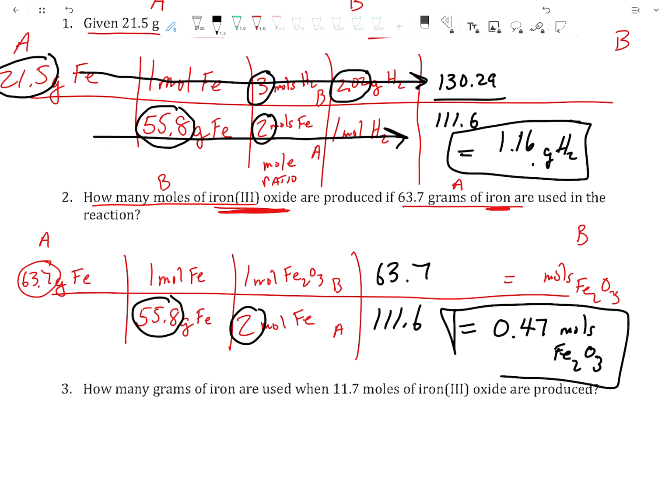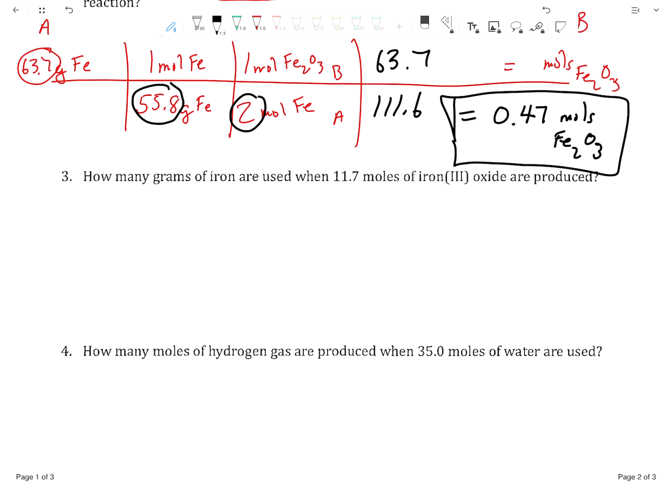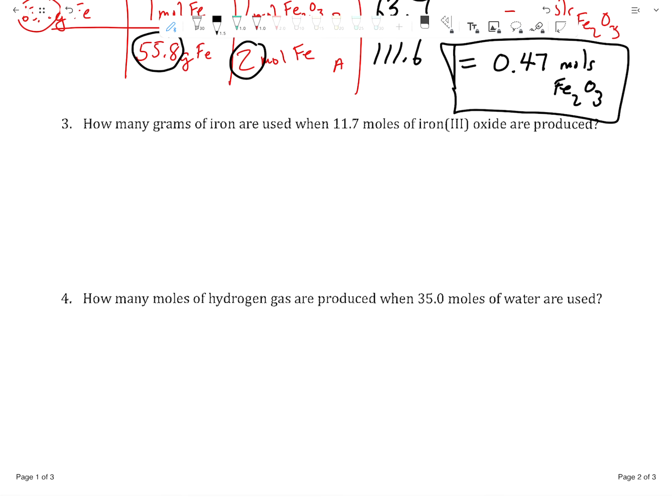So that's how you solve a couple of stoichiometry problems using your stoichiometry flowchart. When you have a problem that looks like moles right here, when you're trying to find moles and they're giving you moles, that's a mole to mole problem.